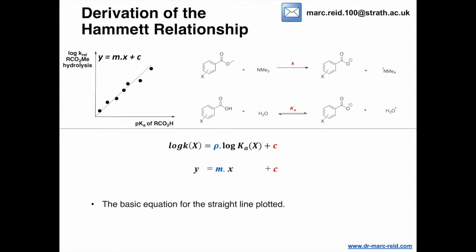Note that the expression is in the form y equals mx plus c. In our case, the y term represents the log of the rate constant for the demethylation. The x term represents the logarithm of the equilibrium constant for acid deprotonation. The latter, of course, is related to pKa.